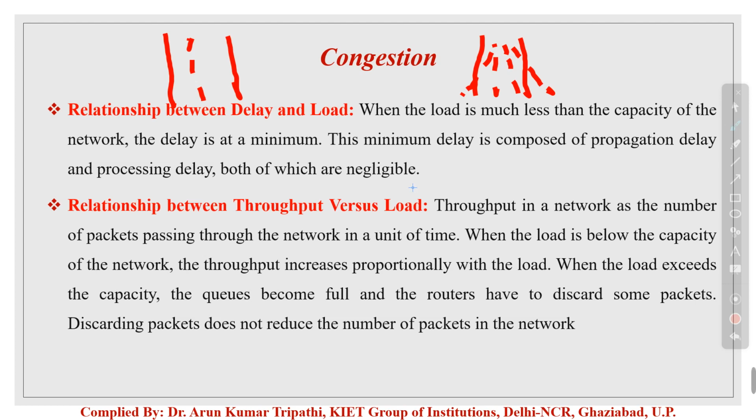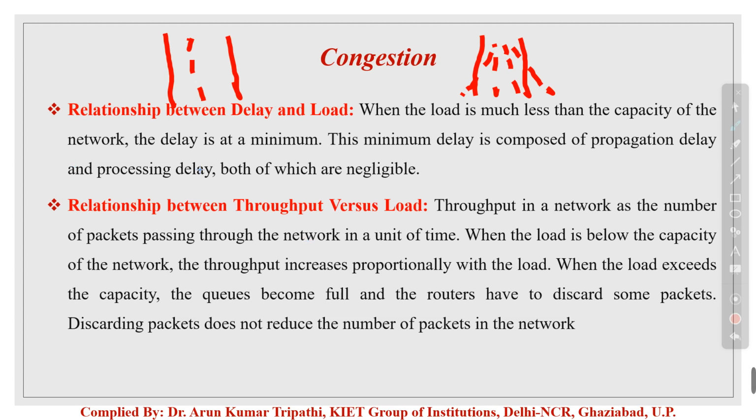Basically, processing delay means the router will search for the best path, then it will redirect to that particular path. That is known as the processing. Propagation means the data packet transmitted from source to destination, that is known as the propagation delay.